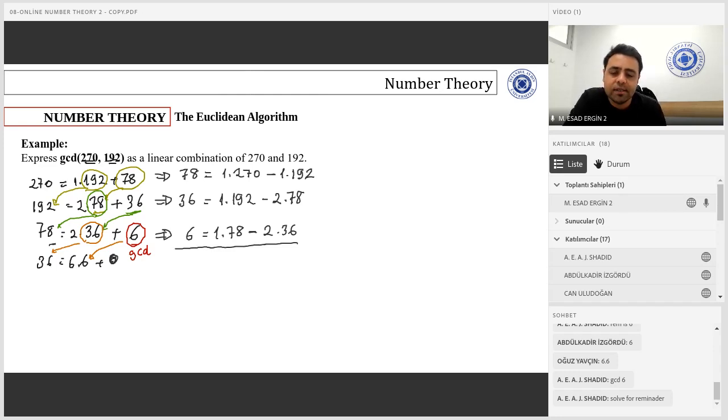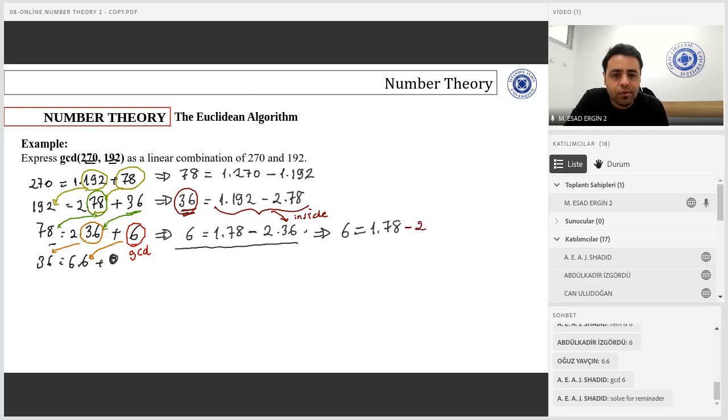So here we have this explanation. I continue from here. So I have 6 equals 1 times 78, because in the next step I am going to use 36. That's why I will rewrite this expression inside of this one, or substitute, let me say.